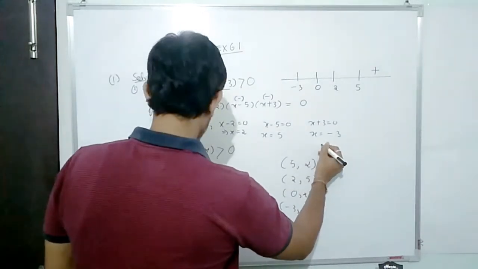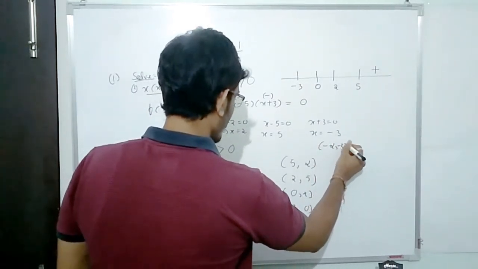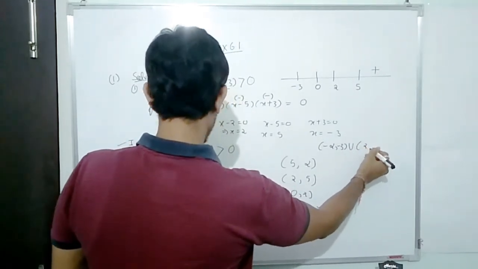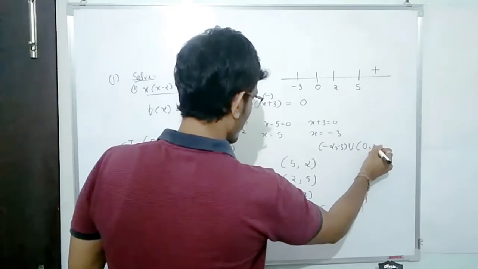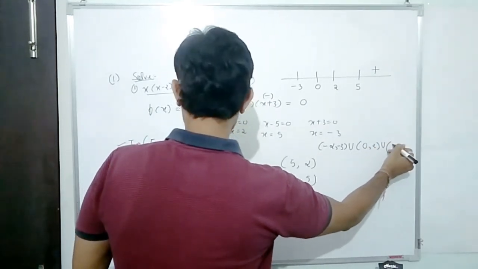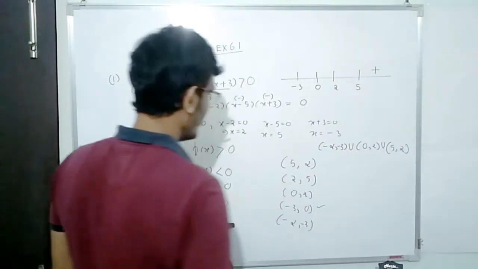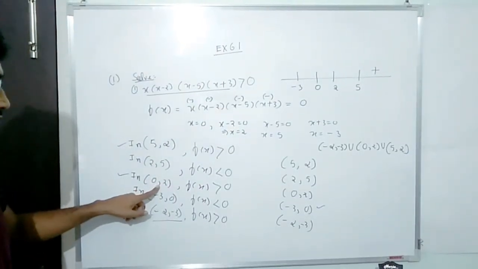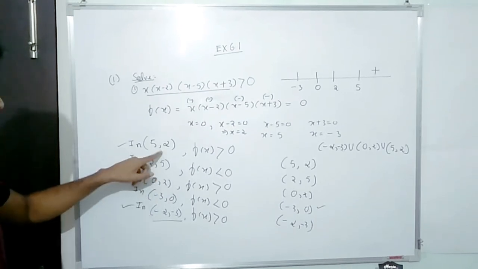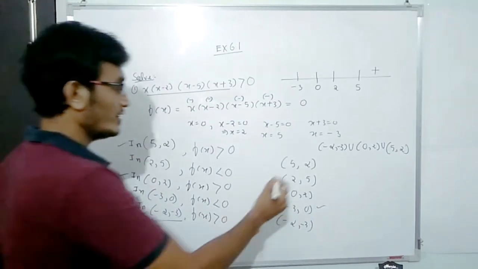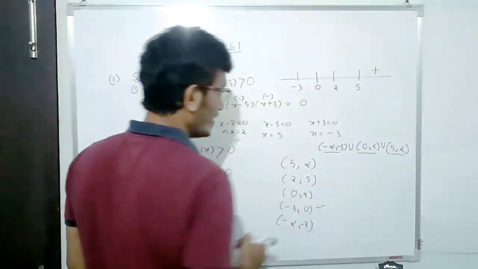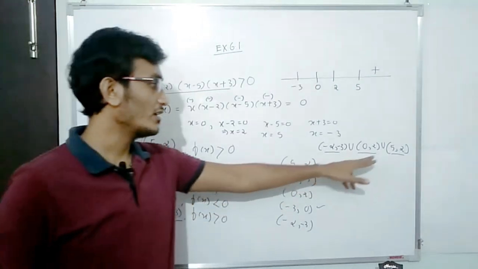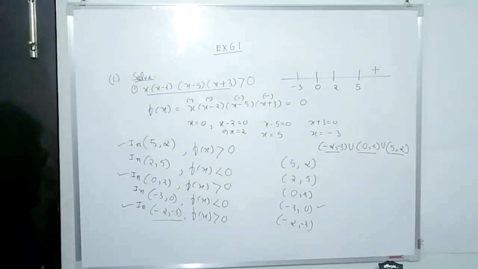Your final answer should be minus infinity to minus 3, union (0, 2) open interval, union (5, infinity). That means in these 3 intervals f(x) is greater than 0. Since we have to take all these 3 intervals, we are taking the union. Union means combining the solution set.